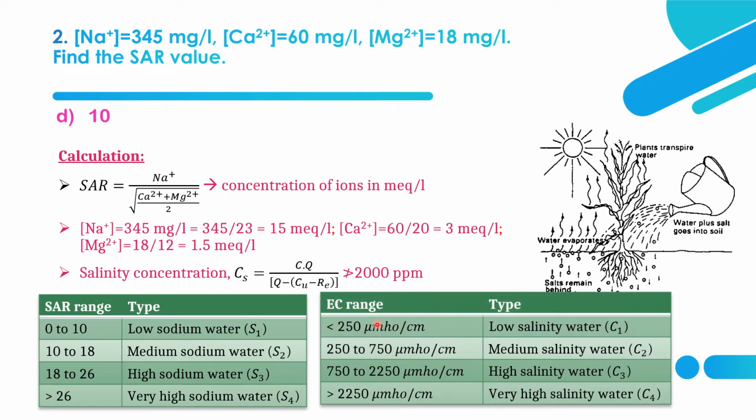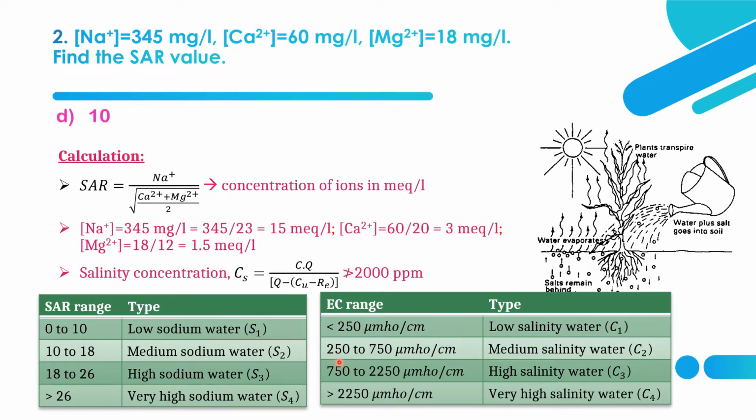And how do we classify with respect to salinity concentration? Salinity concentration, that is C suffix S, is proportional to electrical conductivity, that is EC. Electrical conductivity is given in micromhos per centimeter, and the ranges are as follows. If it is less than 250, we call it low saline water, denoted by C1.